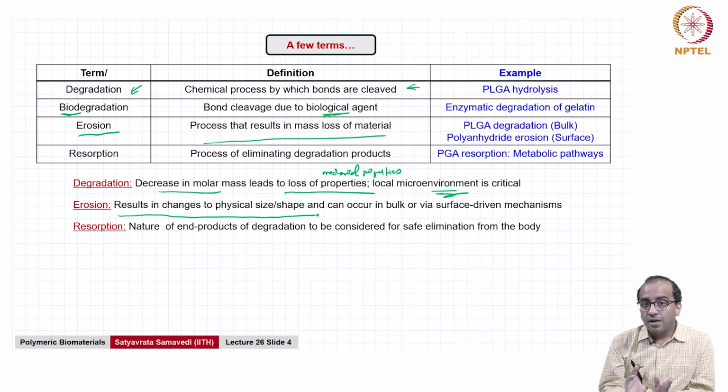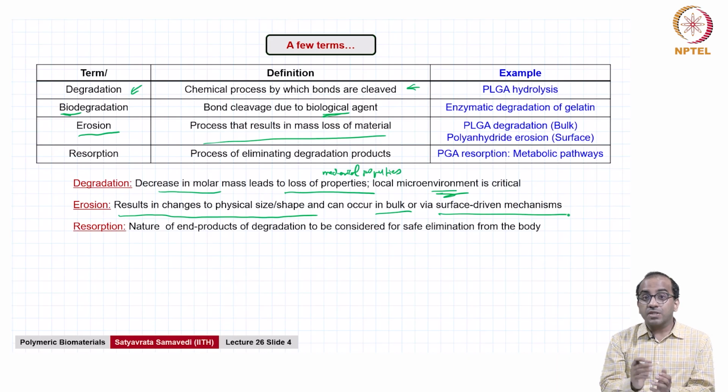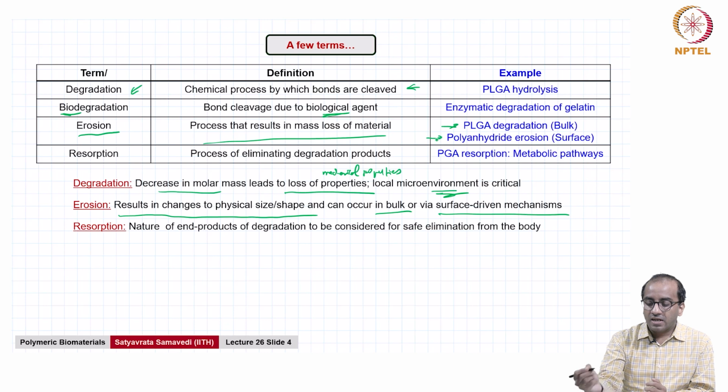and shape of the material itself in the processed form, and this can occur either in the bulk or via surface driven mechanisms, depending on the interaction of water with the material and what type of bonds are present within the material, right? Now just as an example, again we are looking at PLGA, which would be considered bulk degradation, and polyanhydride erosion, which would be considered surface erosion.